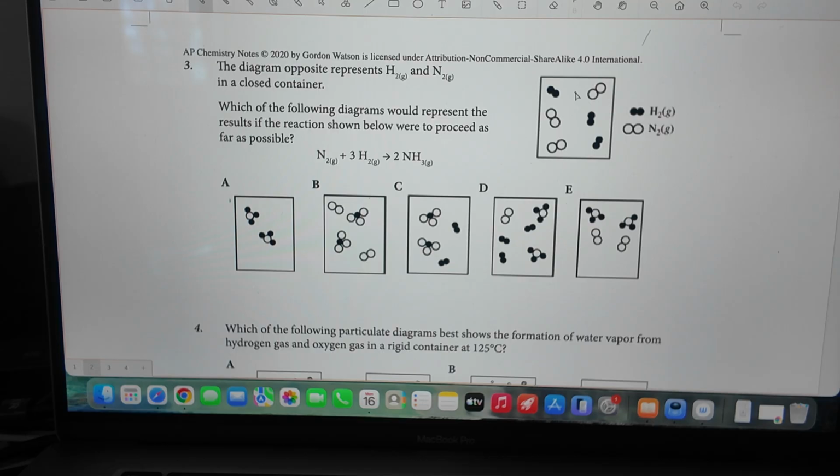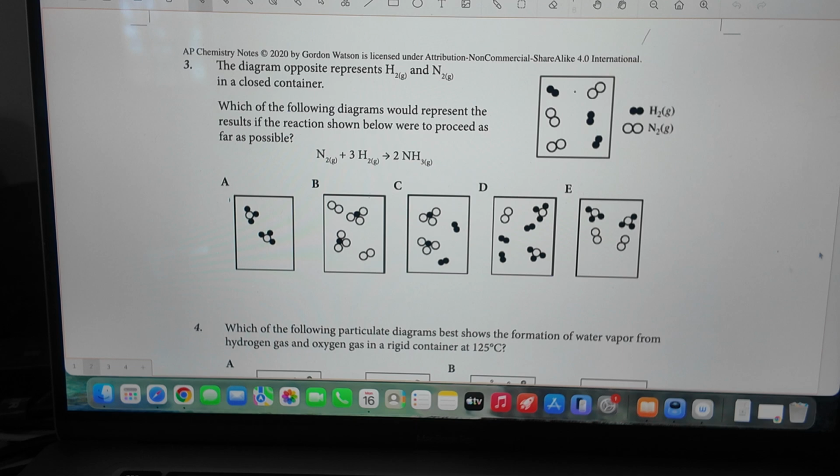This diagram shows H2 and N2 in a closed container. Which of the following diagrams would represent the results if the reaction were to happen? So after, we would want to see 2NH3, right?